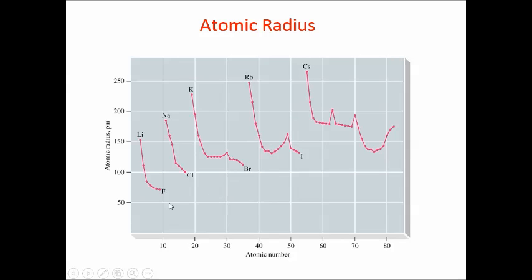And when we learnt along the period, what happens to the atomic radius? It decreases. So you can see here in the graph, for all the periods plotted, there is a decrease. Along the group, if you plot the graph of atomic number versus atomic radius, there will be an increase. So it's clear that you can plot the graph for both cases.